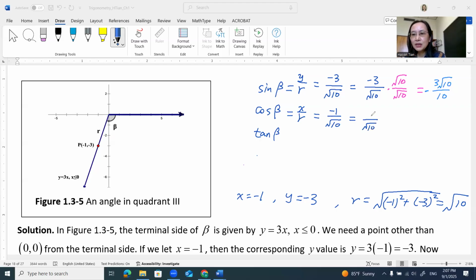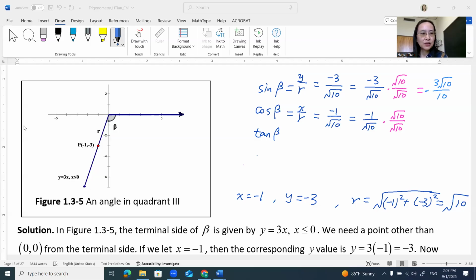Let's multiply both numerator and denominator by square root of 10, so it's essentially multiplying by 1.